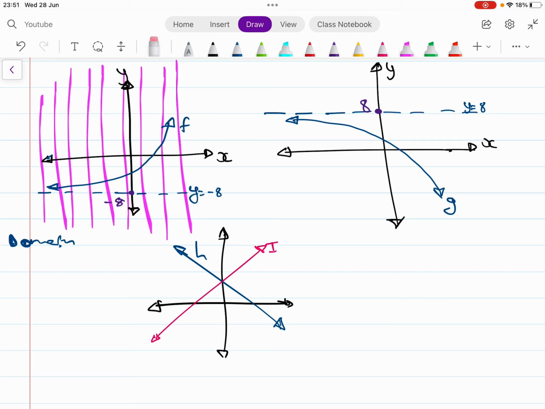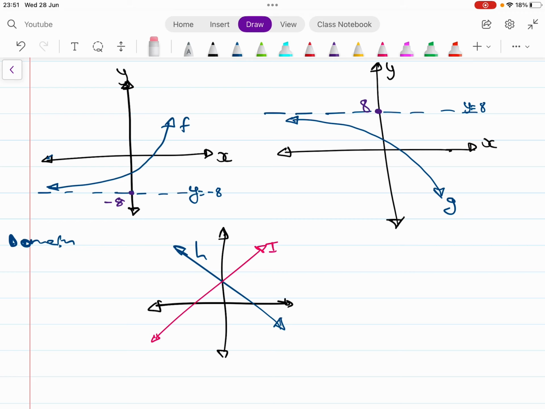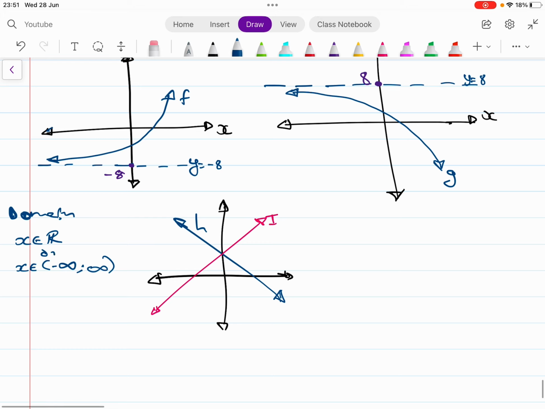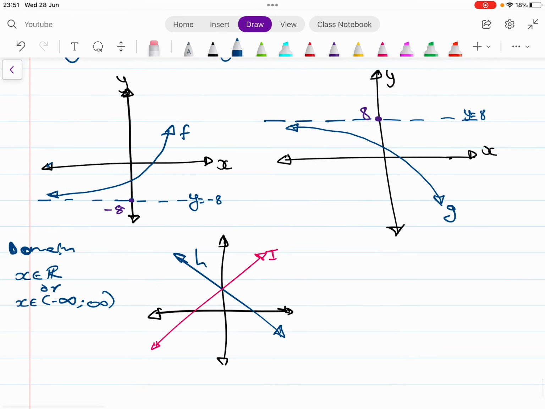So that tells you that the graph exists for all x values, that is from negative infinity up to positive infinity. So the domain is going to be that x is an element of real numbers, or you can say x is an element of from negative infinity all the way to positive infinity. The infinity sign doesn't look like an infinity sign, but yeah. So you can just choose which format you prefer and write that. You don't have to write both.